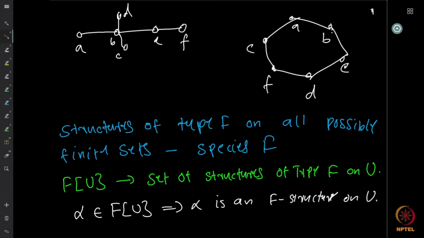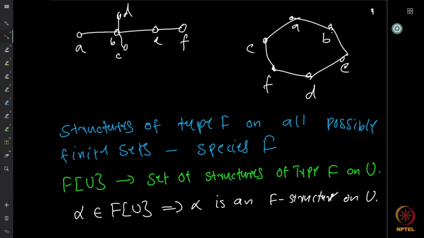So now these two are different types of structures, right? I mean, one can say that one is a cycle, one is a tree. Right? So you can now say that I am interested in making only cycles, or you can say that you are interested in only making trees.